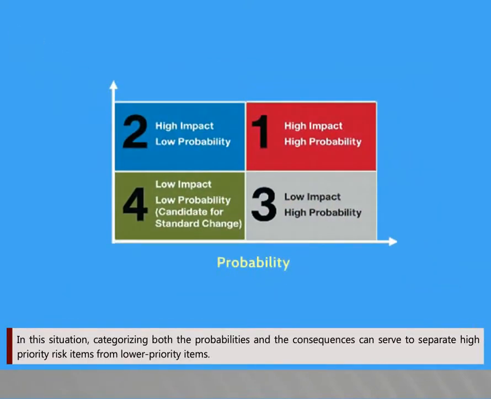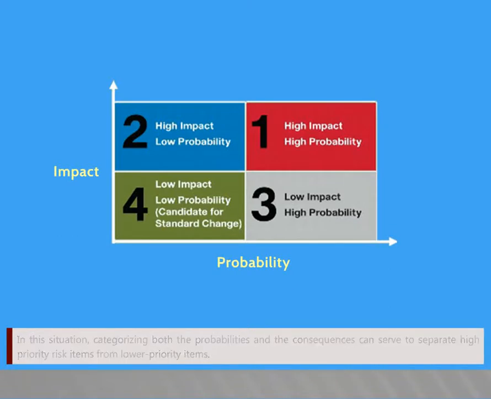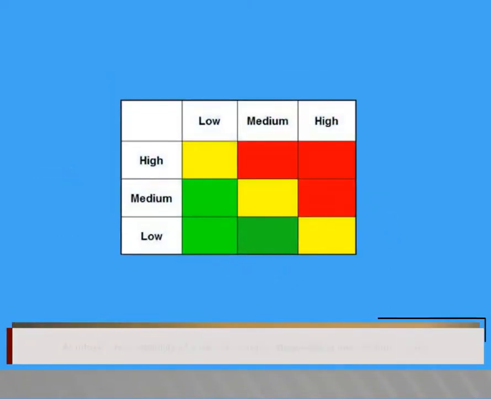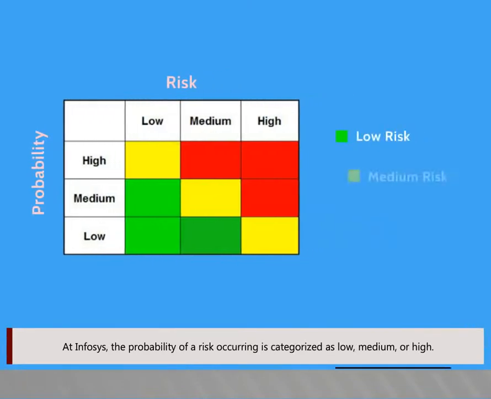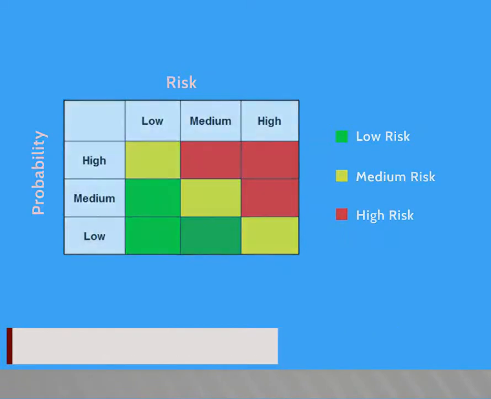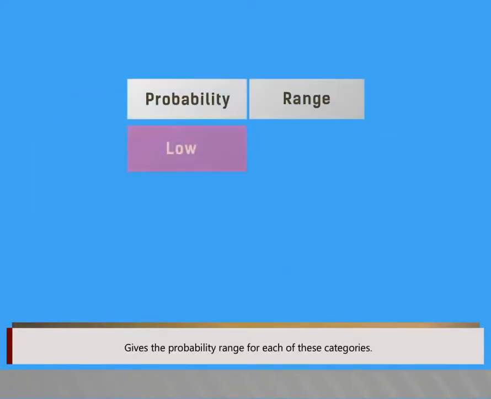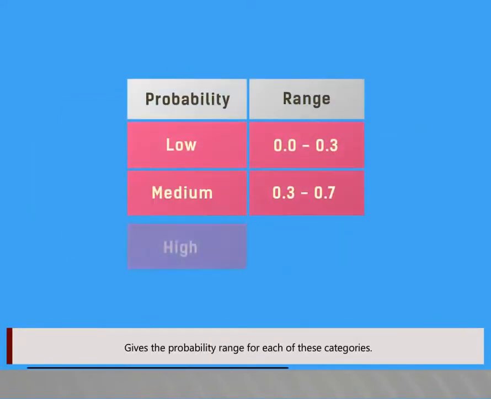In this situation, categorizing both the probabilities and the consequences can serve to separate high priority risk items from lower priority items. At Infosys, the probability of a risk occurring is characterized as low, medium, or high. The table gives the probability range for each of these categories.